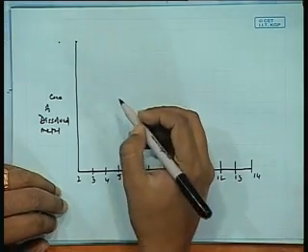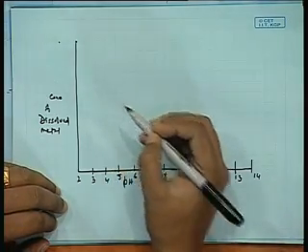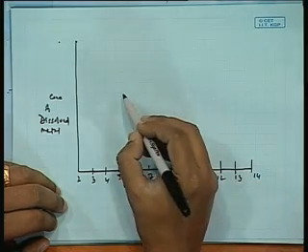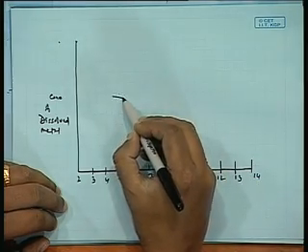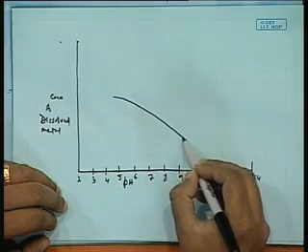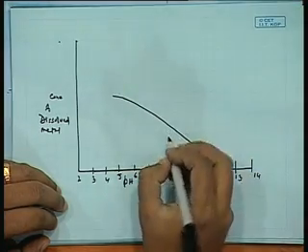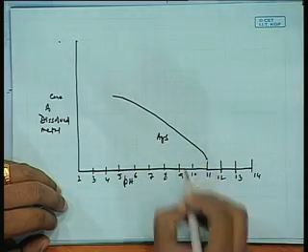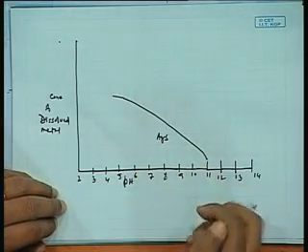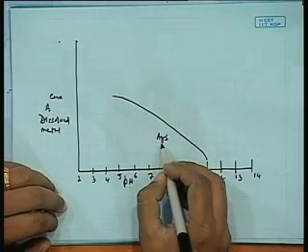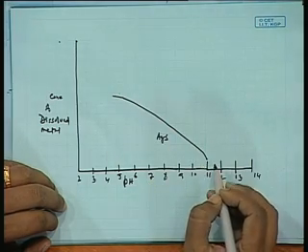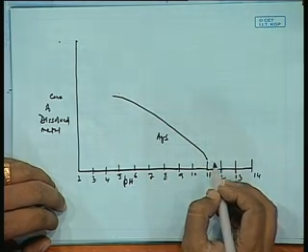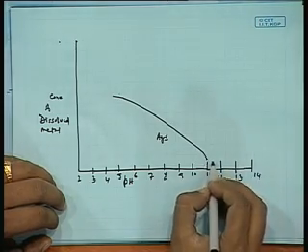What is important to observe here is, at about pH 11, this is AgS, silver sulfide. You can find that this particularly has a minimum solubility here.